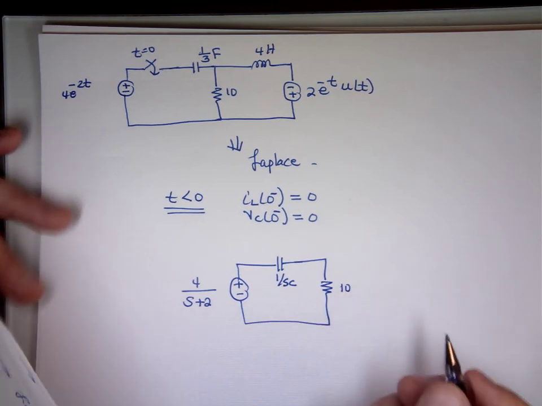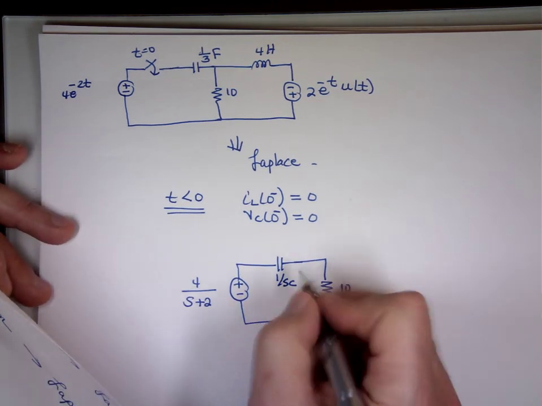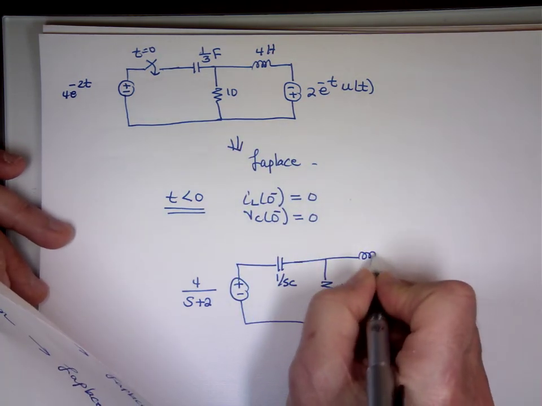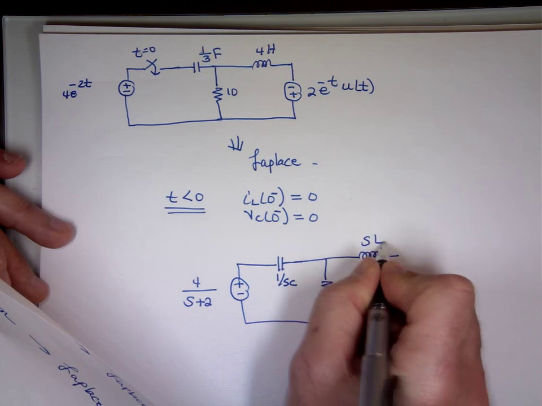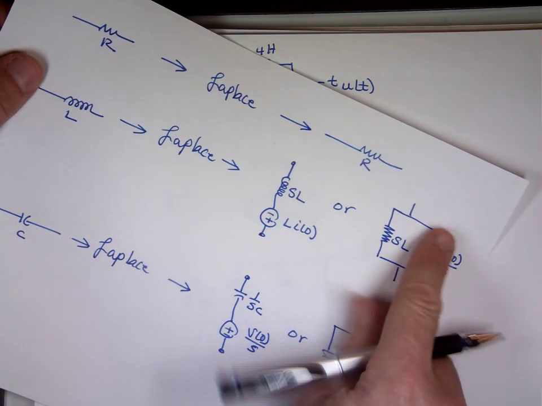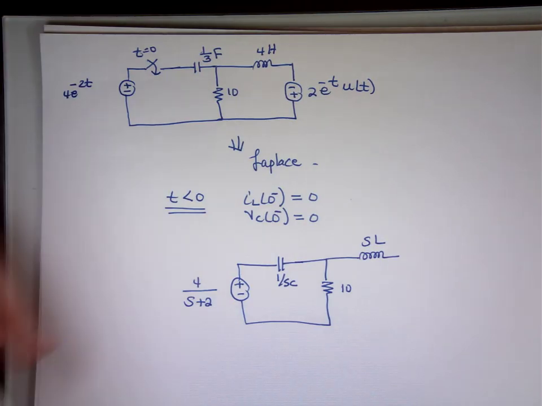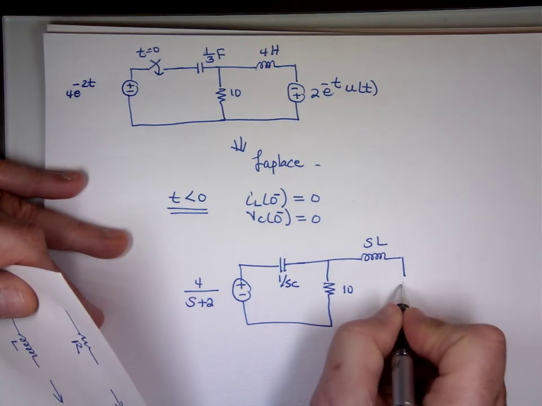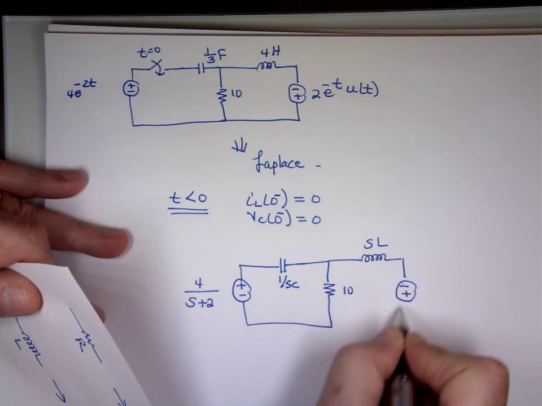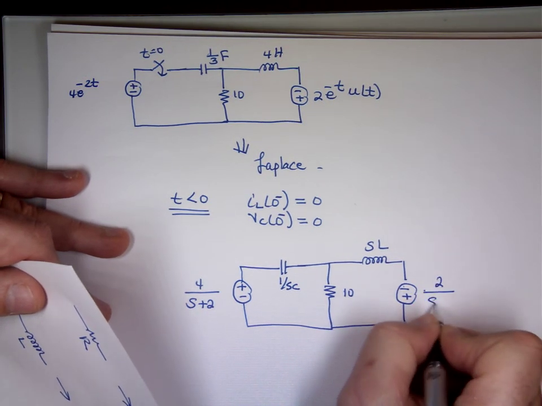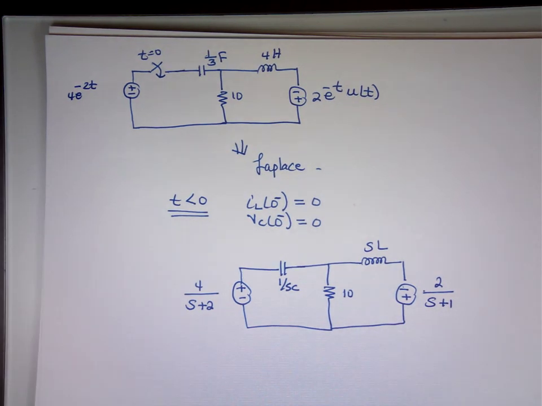And this one will be what? Just SL, no initial condition. Notice I sub 0 is 0, so this is gone. And the Laplace of this will be 2 over S plus 1.